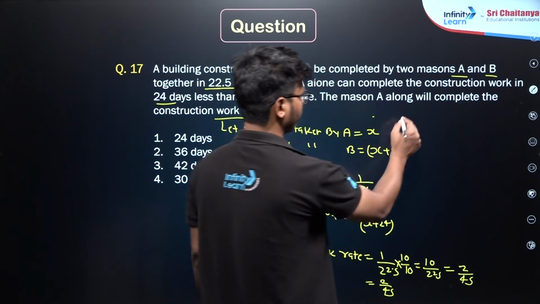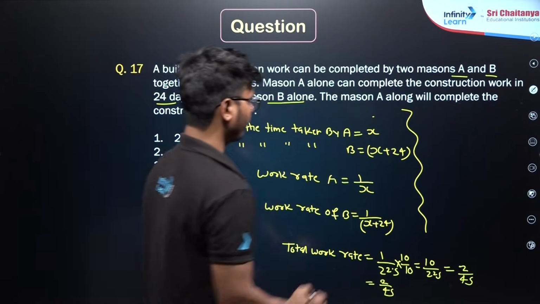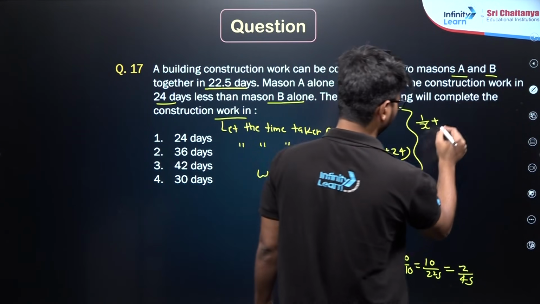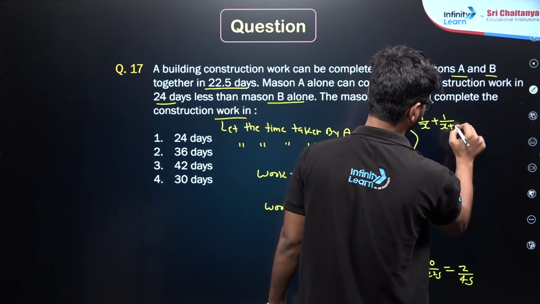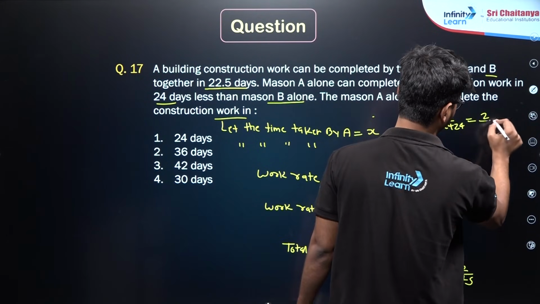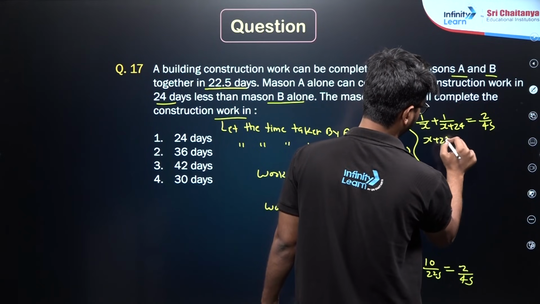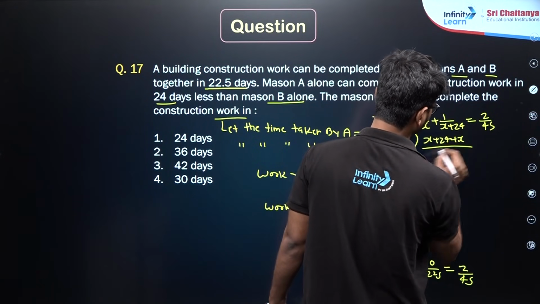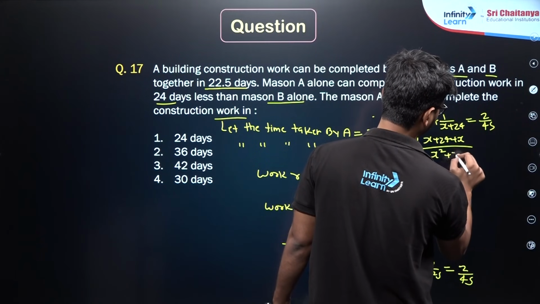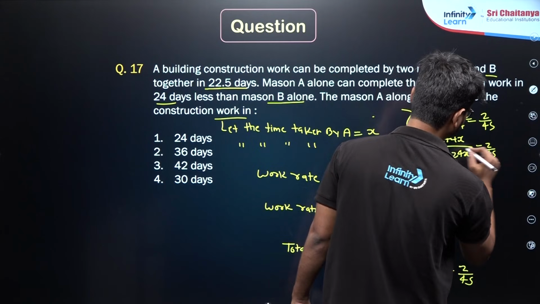So now I can solve this. We have for A 1 by x, and for B 1 upon x plus 24, and this is equal to 2 upon 45. So it will be x plus 24 plus x upon x square plus 24x, equal to 2 upon 45.